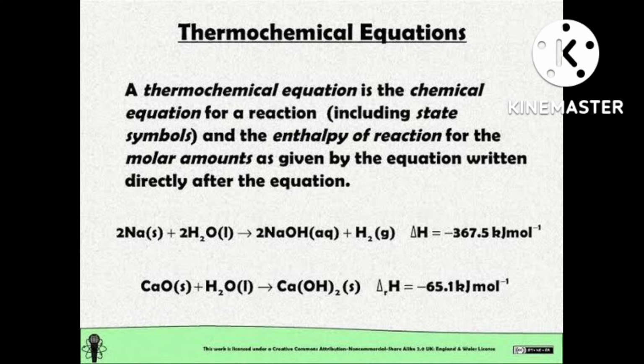Then 18 gram water means how many moles? The number of moles of water. The molecular mass of H2O is 1 into 2 plus 16, with 16 the atomic mass of oxygen, so 18 gram. Then 18 gram is 1 mole, so the number of moles is 1.